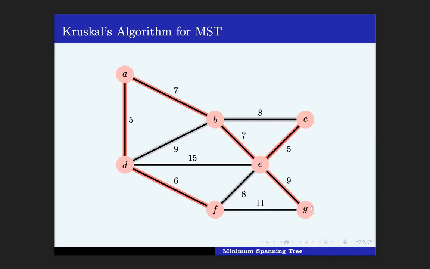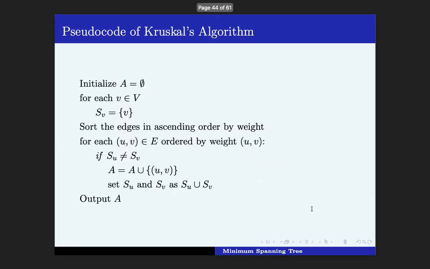So this is basically Kruskal's algorithm. Why does it give you the correct answer? Let me come to that later on. We go over all the edges, and here is the pseudocode of the algorithm. We have been given the graph, and we start by sorting the edges in ascending order of the weights. Forget whatever is written here.